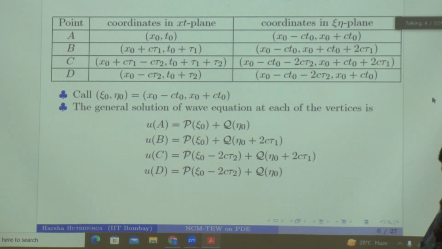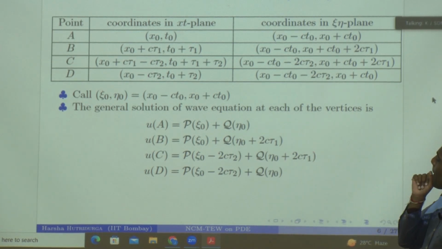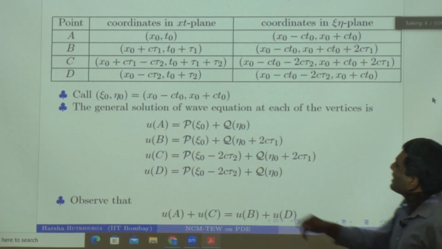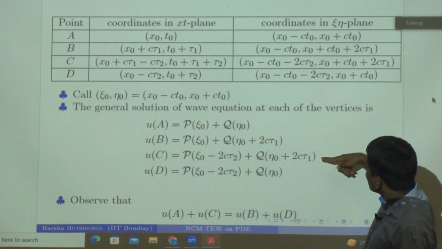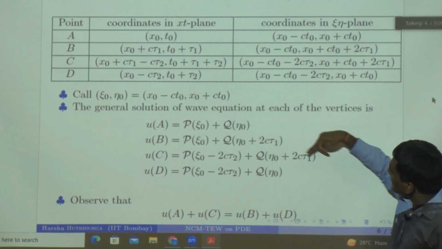Okay. You must be wondering why we are doing all of this. It's because of this little observation here. What is that observation? It's here. You see? If you take the value of u at the point A and you take the value of u at the point C, you just look at their right hand sides here.